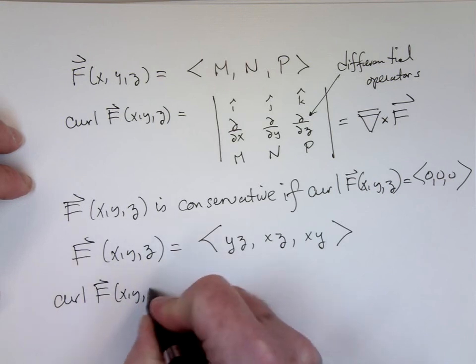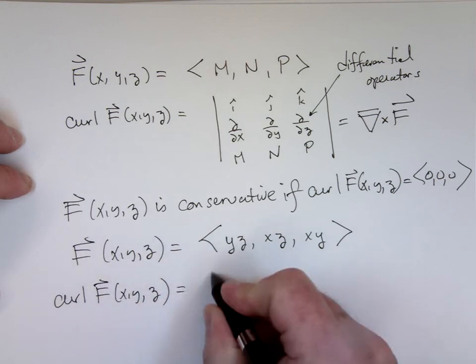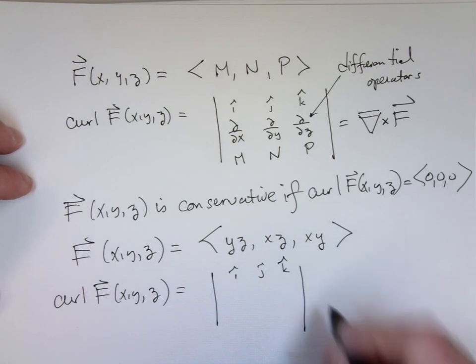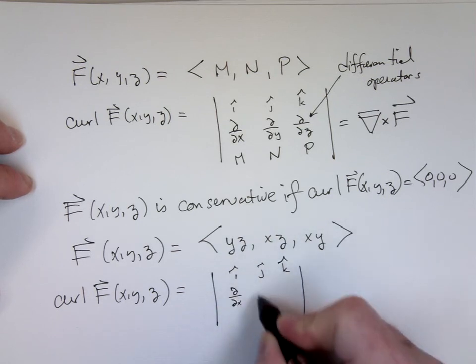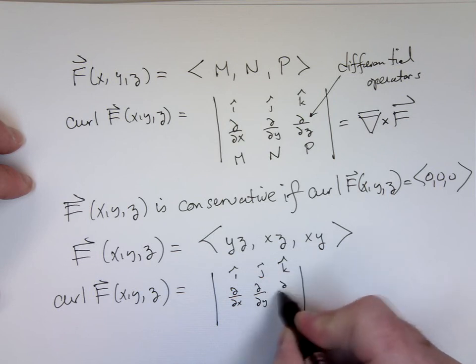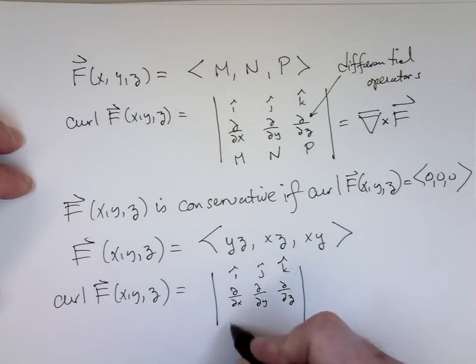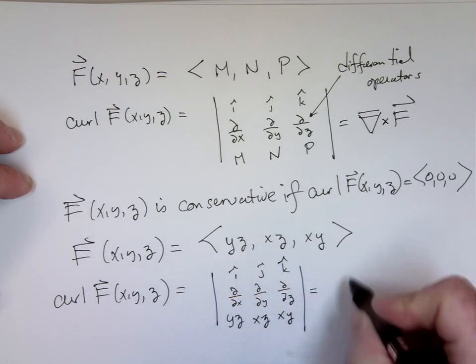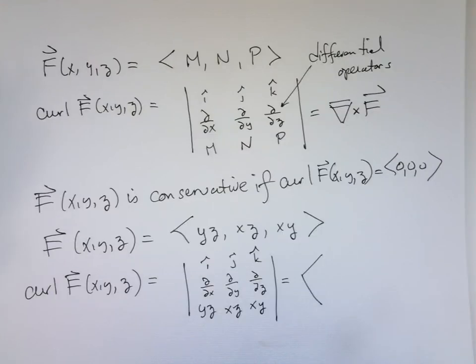It's i, j, k, partial with respect to x, partial with respect to y, partial with respect to z, M, N, P. Okay, here we go.